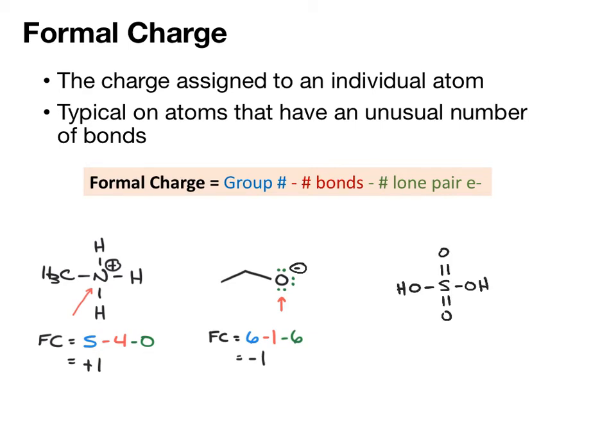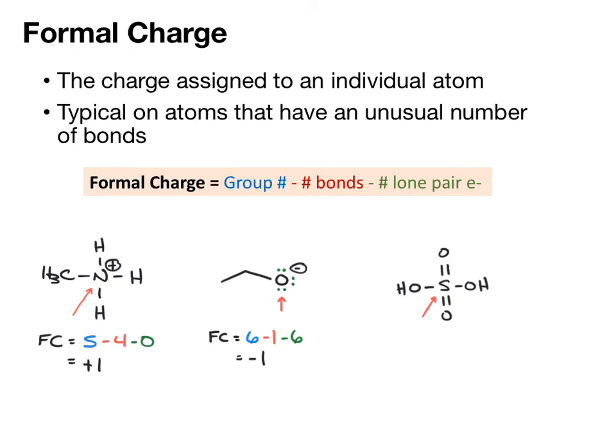Here's one more example. Now we see we have this sulfur that does have an unusual number of bonds. It has 6 bonds. Now, it also has more than an octet of electrons. But because sulfur is in period 3, it's down below oxygen, it has those extra d orbitals, and those atoms can have expanded octets, so they can have more than an octet of electrons.